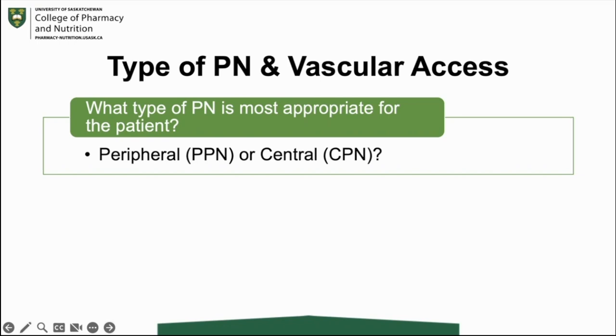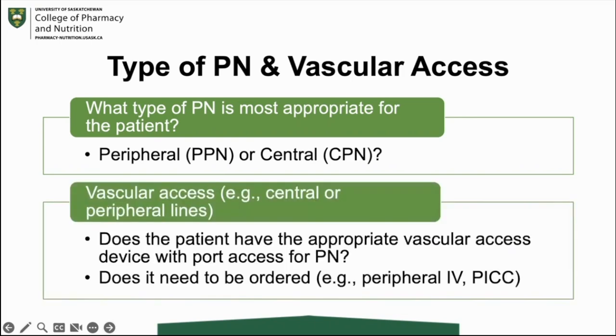Recall from the first video of this educational series on PN that peripheral PN is when the PN solution is delivered into a peripheral vein and is used typically for short-term access or when a central line is not accessible, but cannot be used to provide the full nutrient needs of someone with higher nutrition requirements due to limitations on concentration of the PN solution that can be delivered. In contrast, central PN is when the PN solution is delivered into the central vein, and this type of PN can provide an individual with all their nutrition requirements.